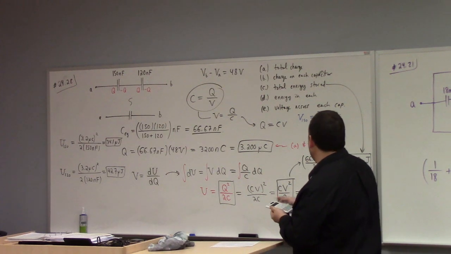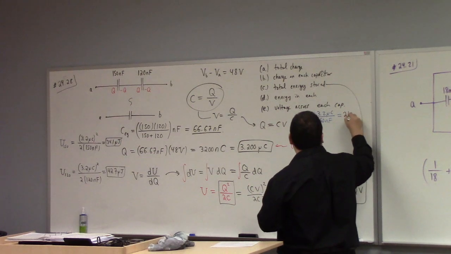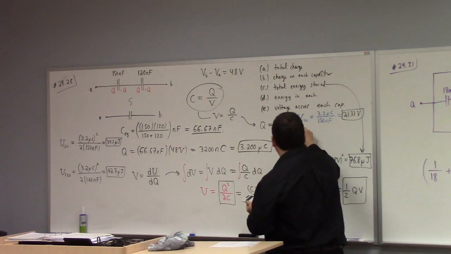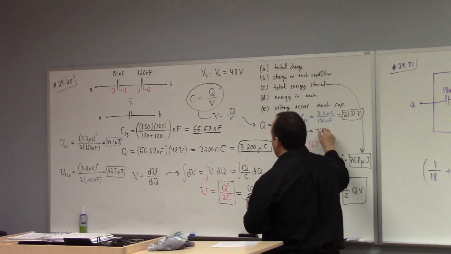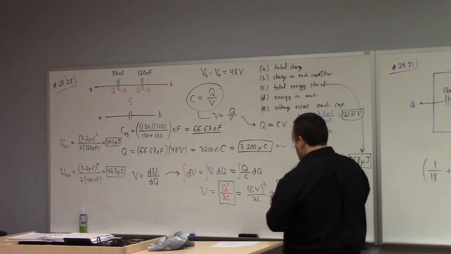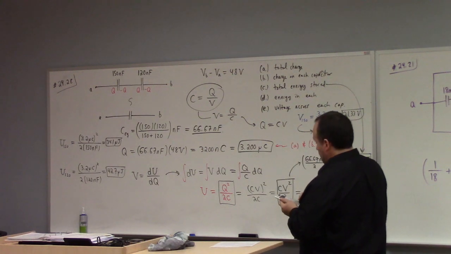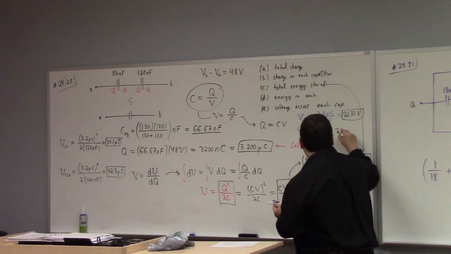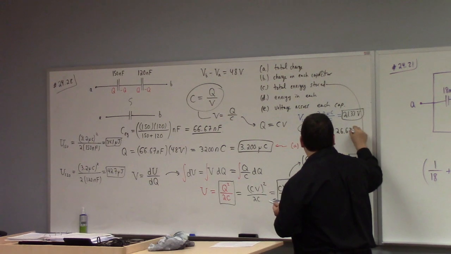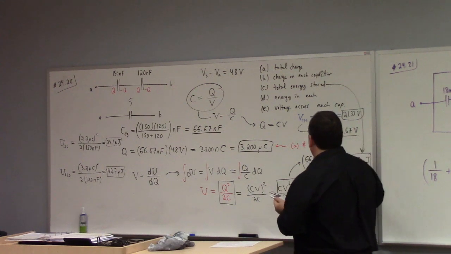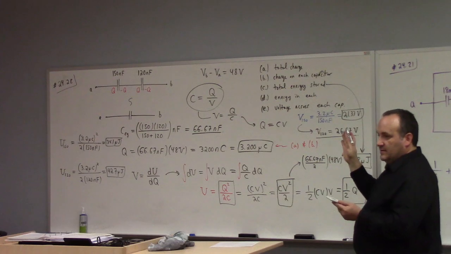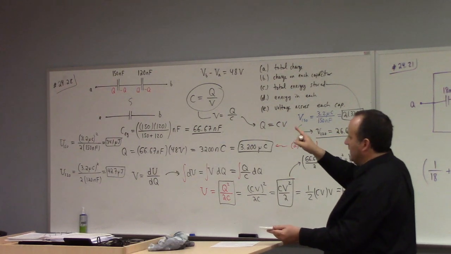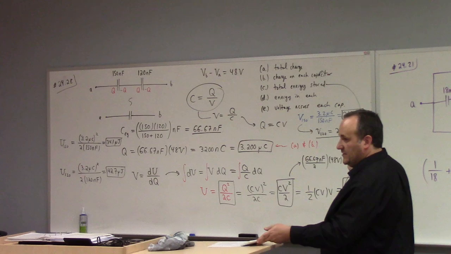I get 21.33 volts, which then tells me by logic that my voltage across the 120 nanofarad has to be 26.67 volts. How do I know that? Well, the sum of the voltages has to be 48. So if I've got 21.33 on the one, there must be the rest of the voltage on the other.